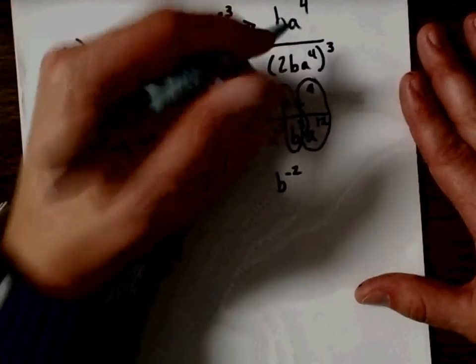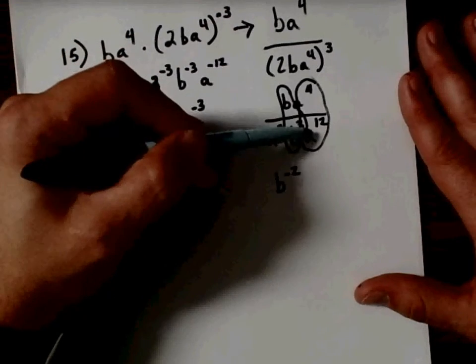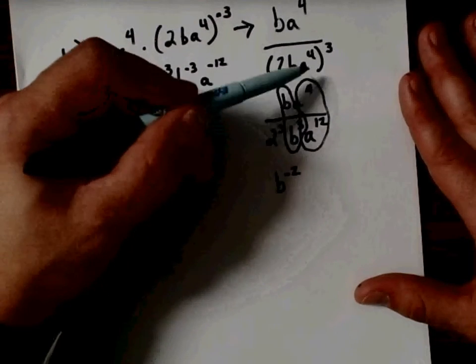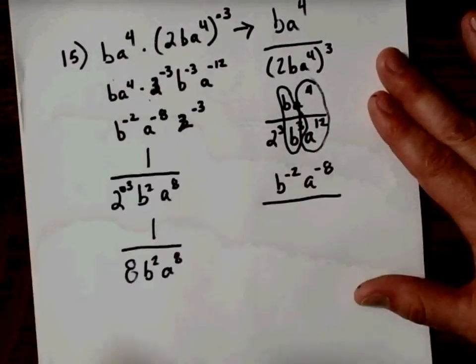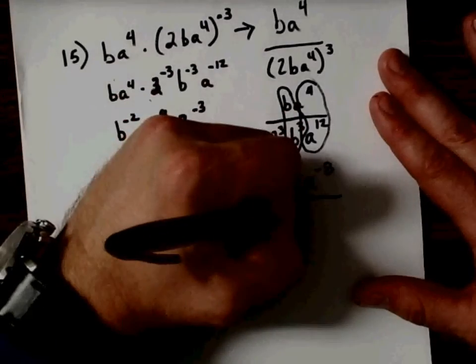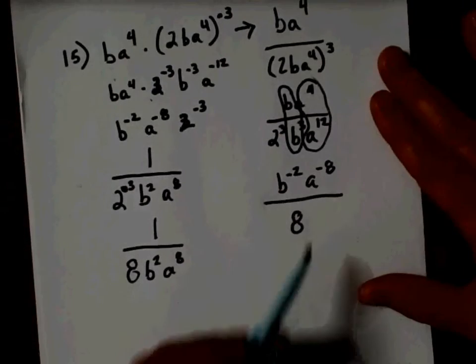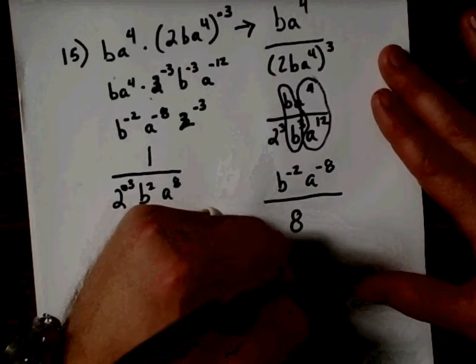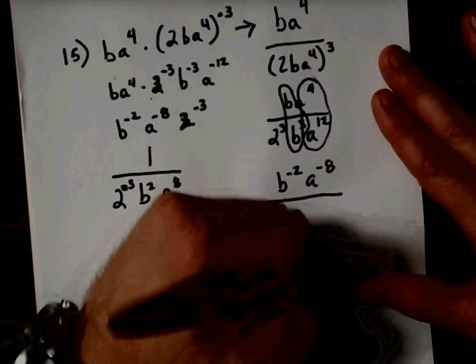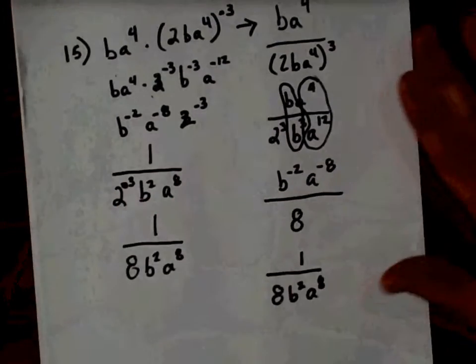Then I'm going to have a to the positive 4 subtracted from a to the 12th, so those become a to the negative 8. And then here on the bottom, we're going to have 8. What's going to happen to these two negatives? They're going to go to the bottom and become b squared, a to the 8.